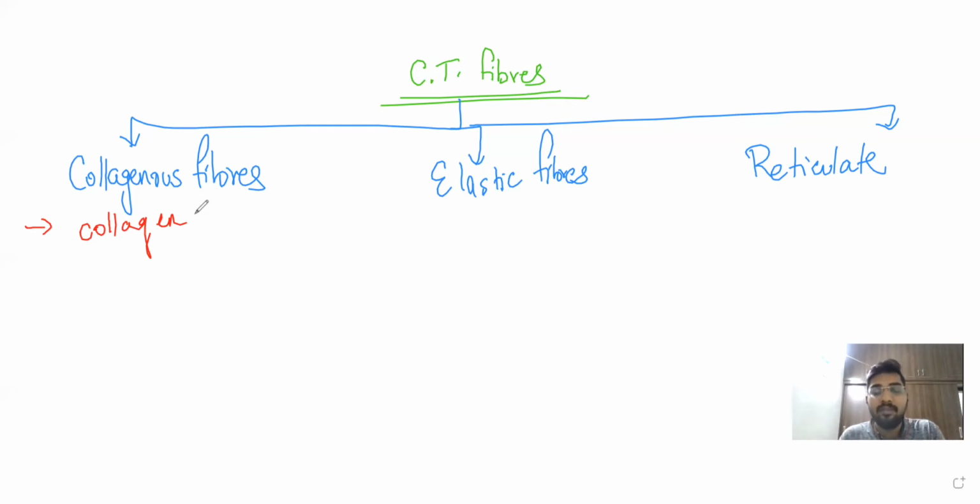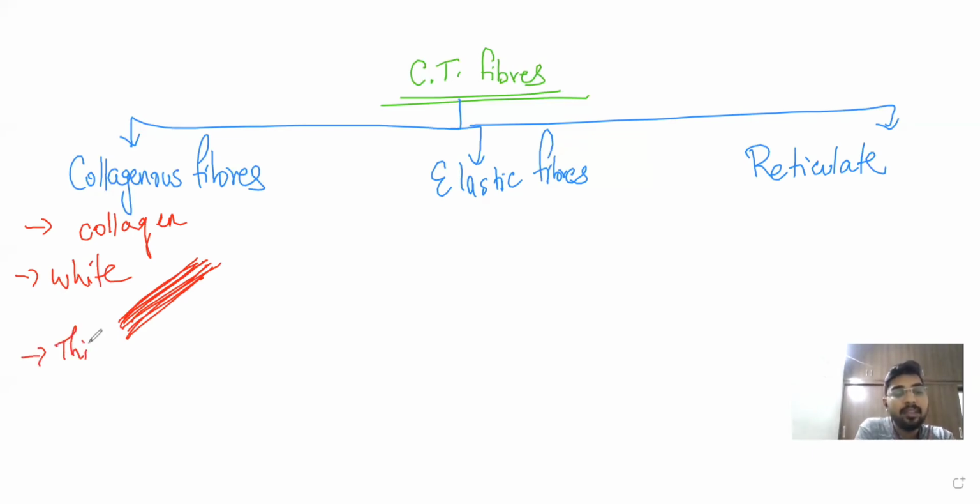For example, if a fiber is utilizing collagen, which is a protein, then that becomes your collagenous fiber. They are usually white in color, and they are arranged in bundles. It is not a single fiber. Many fibers come together and are arranged in the form of bundles.